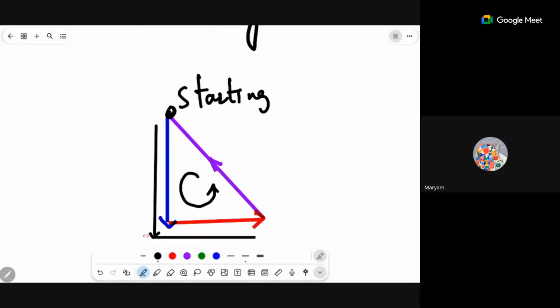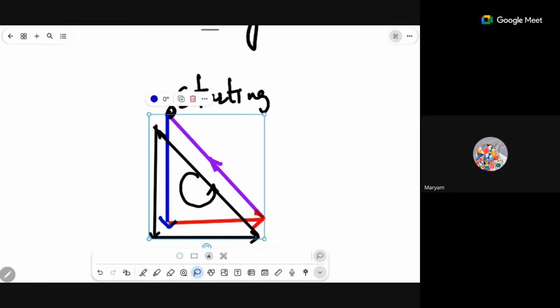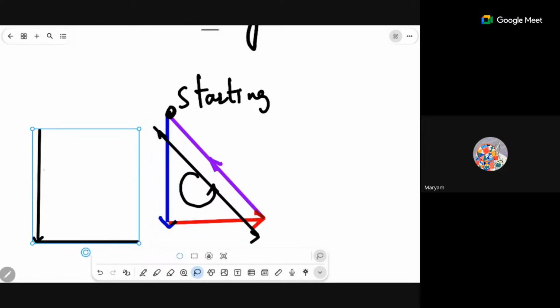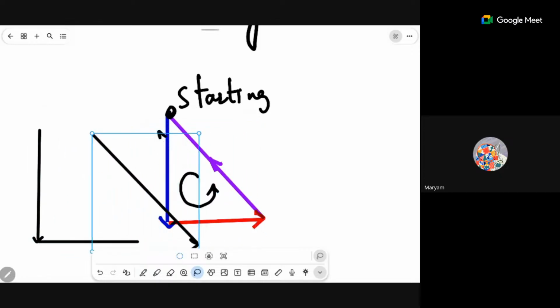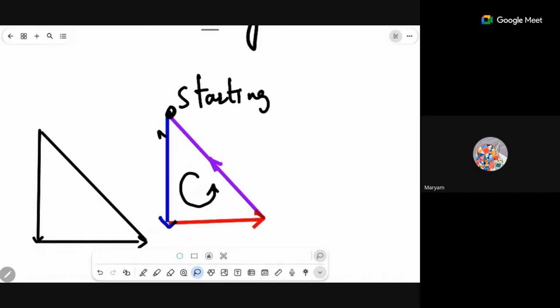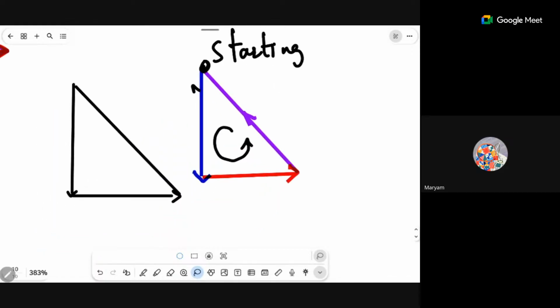Then you have connected the tail of the third vector to the head of the second. And finally, the head of the last vector was connected to the tail of the first one. Check this out. This is the closed vector mechanism. So if you are able to draw this for any diagram, that object is in equilibrium.